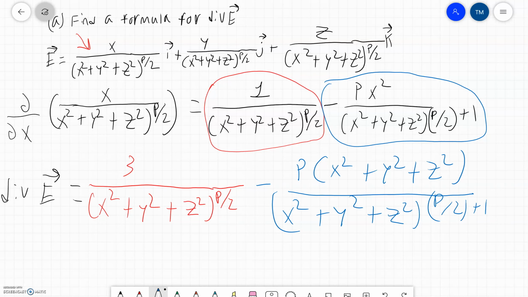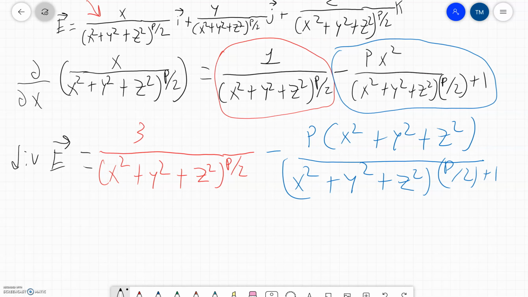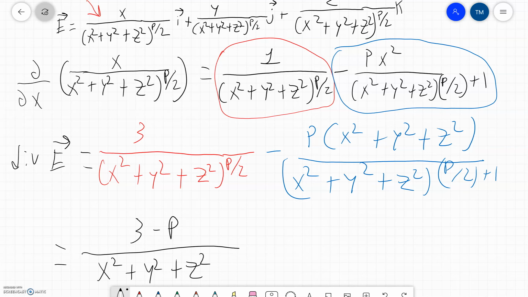Well, here, since we have 2 of the x squared plus y squared plus z squared, I can cancel out that plus 1. And what we're going to be left with is just 3 minus p all over (x squared plus y squared plus z squared) to the p over 2, which, when we clean this up, will just give me 3 minus p over the position vector r to the p.